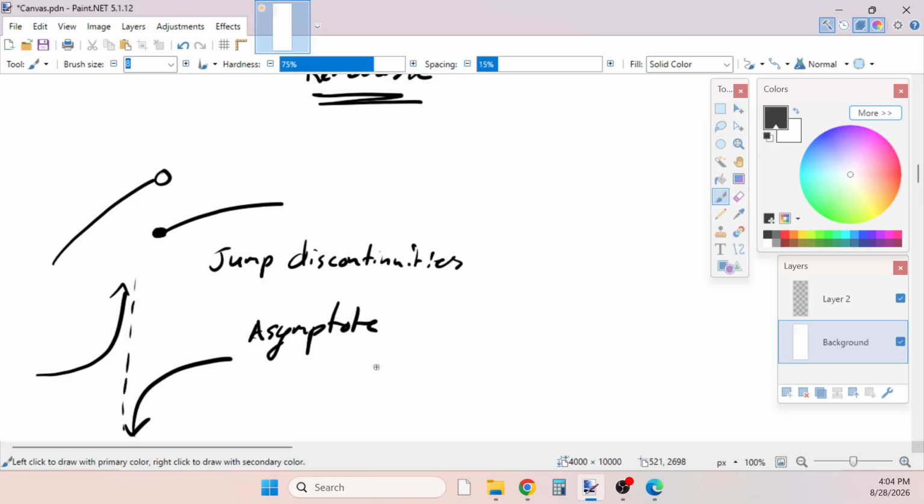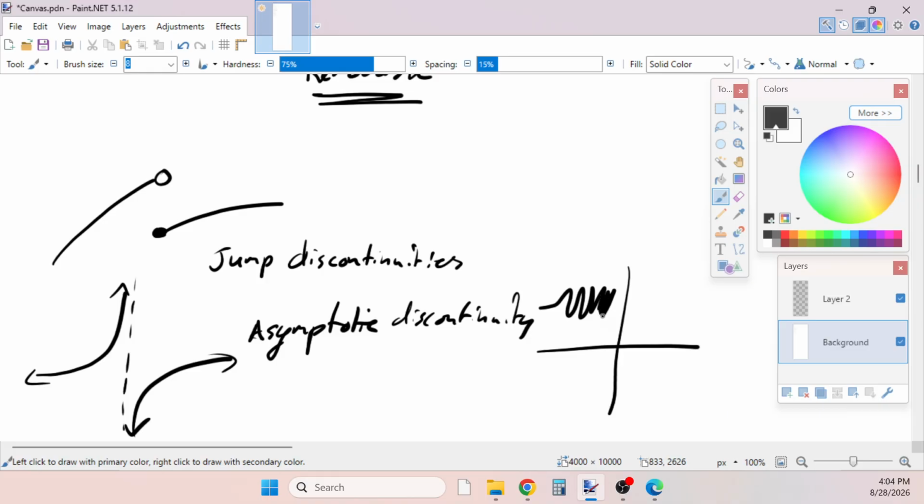I think it's just one. So an asymptotic discontinuity. And then there's another one that you'll see sometimes mentioned. It's called an oscillating discontinuity.